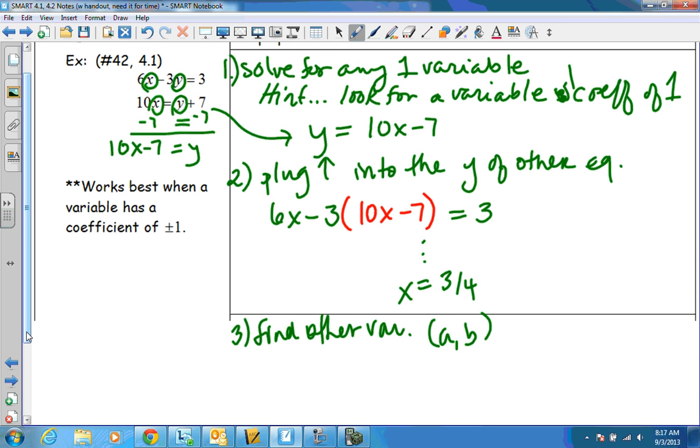We could put this x in here, or here, or there. Where would you like to put it? First one? Sure. I would have chosen the last one, personally, because it's already got y equals. But it is completely up to you. You plug in which one you want and solve.